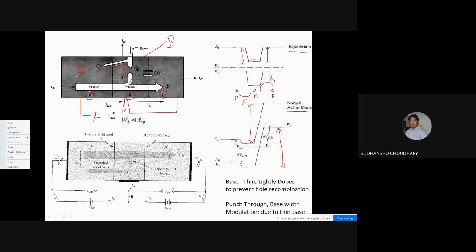This arrow representing electron movement from n to p side is very thin, because we have already assumed that the base is very thin and also lightly doped.